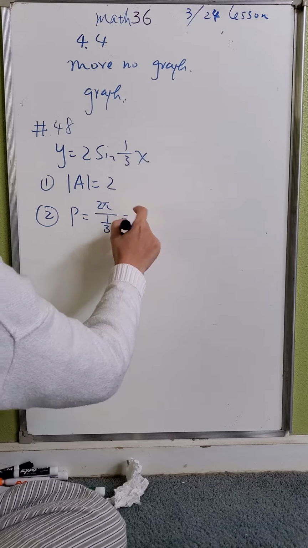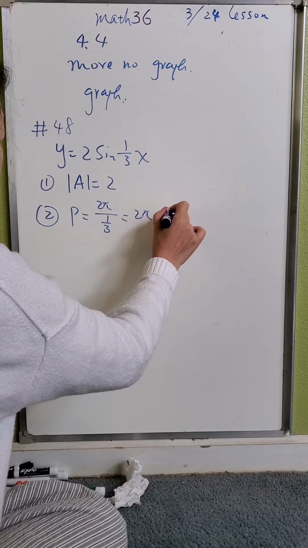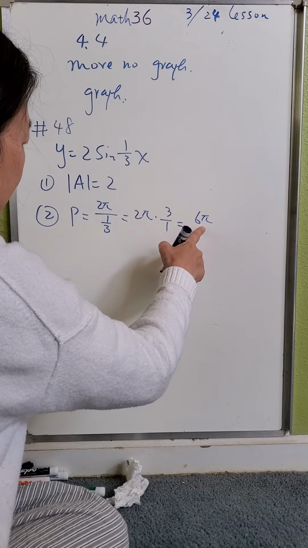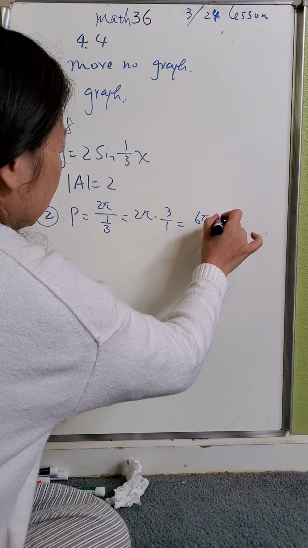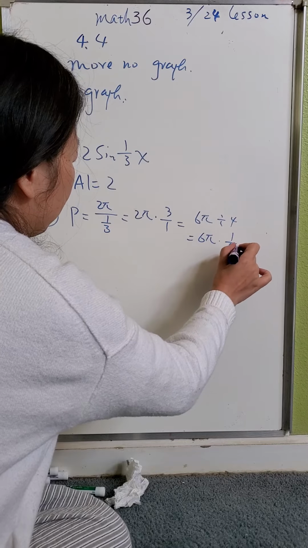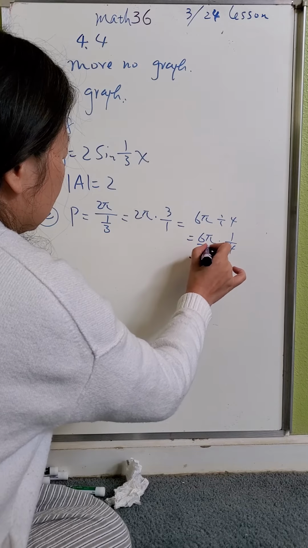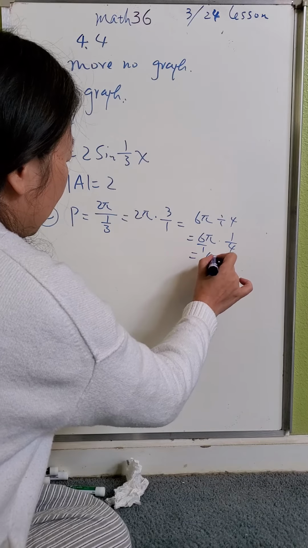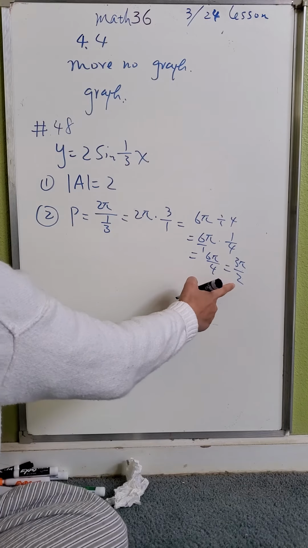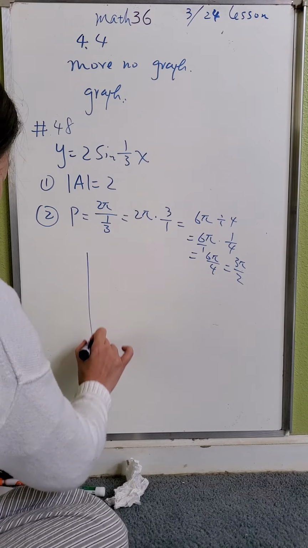Again, you flip the number to the top, so 2 pi times 3 over 1, and that's equal to 6 pi. Take the 6 pi divided by 4, that's the same as 6 pi times 1 over 4. So that's 6 pi over 4, and that's equal to 3 pi over 2. So that means that each scale is 3 pi over 2.